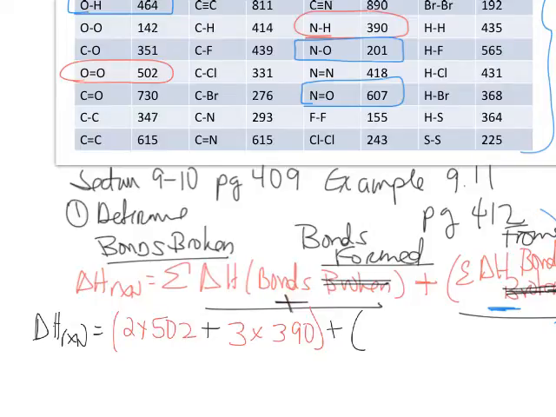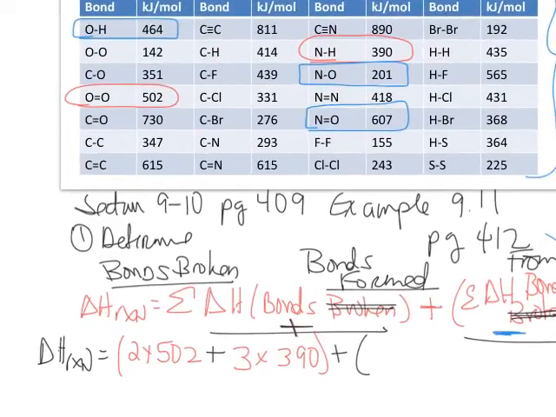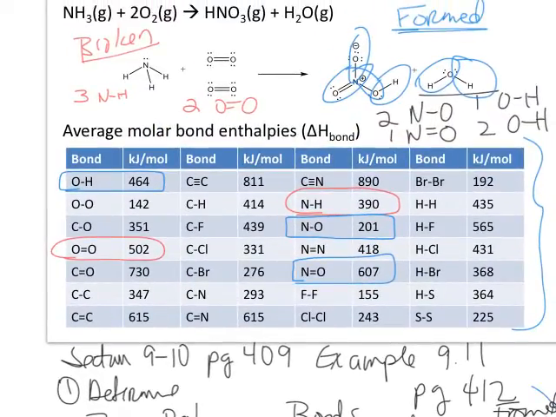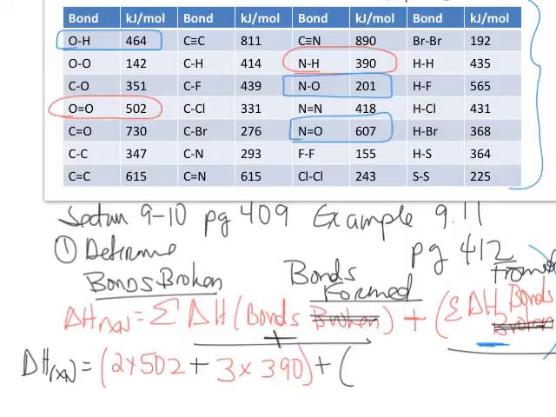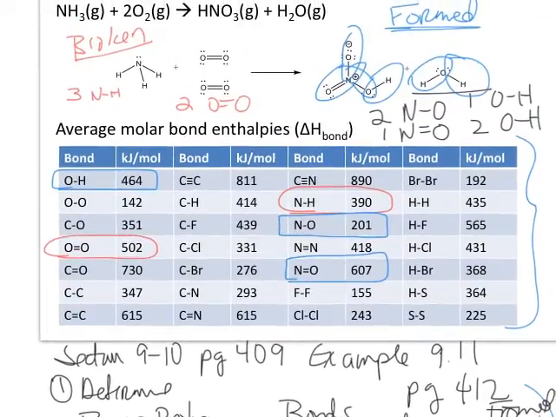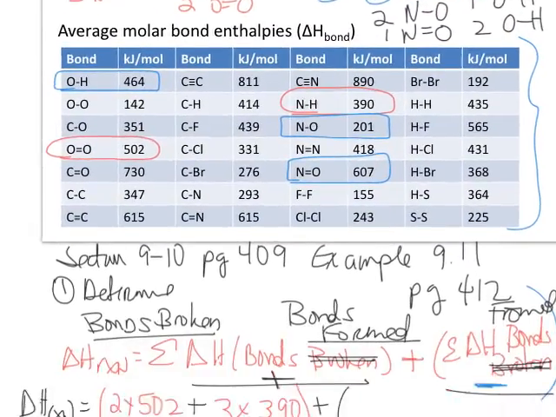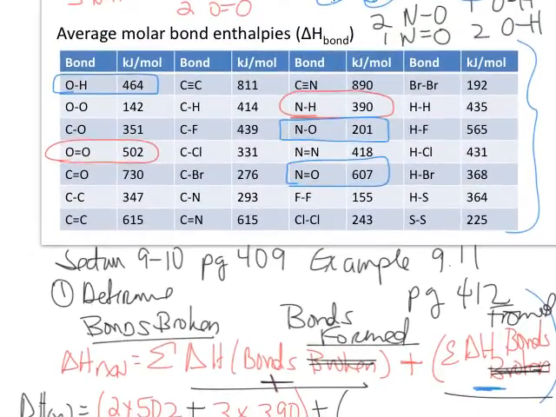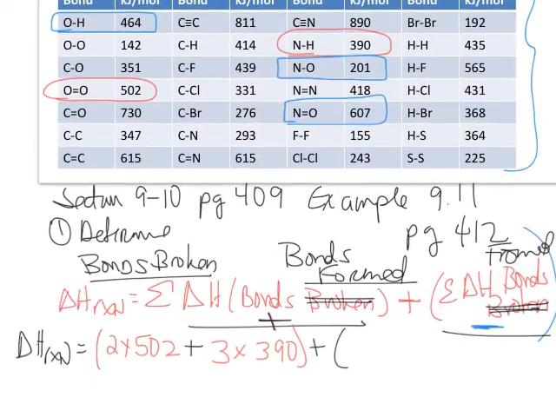Let me go back up here and look to make sure. So we had 2 oxygen double bonds, 3 NHs. And then over here we have 2 NOs. So we can just put the negative there if we want. Okay, so let's just do it this way.